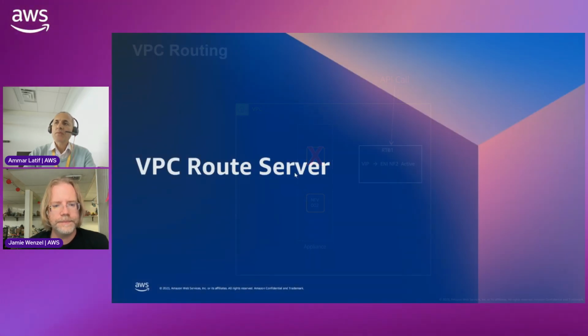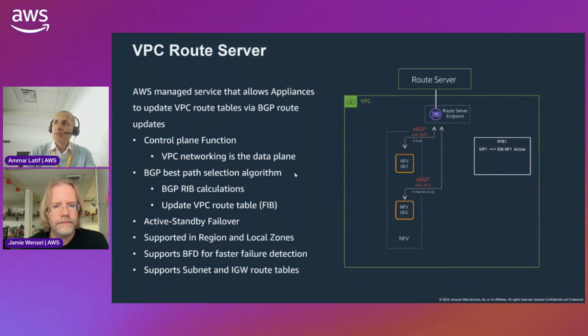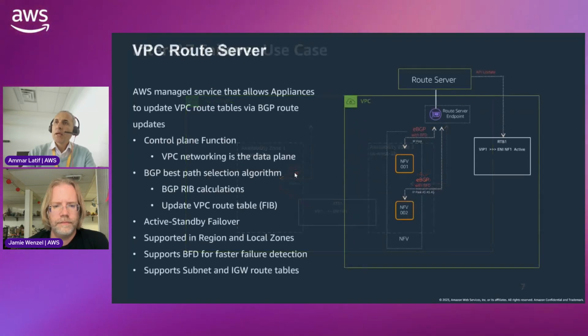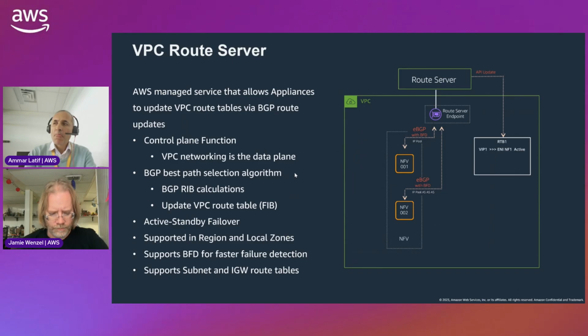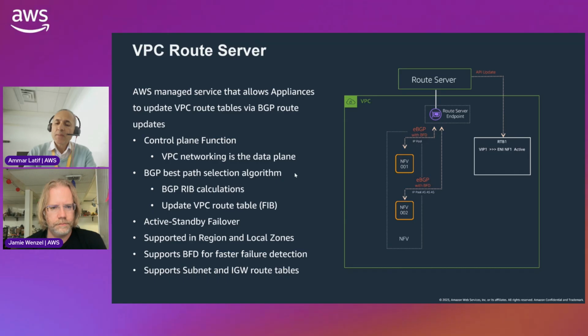That's right. So let's introduce a VPC Route Server. Let's build this slide. VPC Route Server is an AWS managed service that allows instances, appliances in this case, to utilize their BGP stack to communicate with the VPC route table.